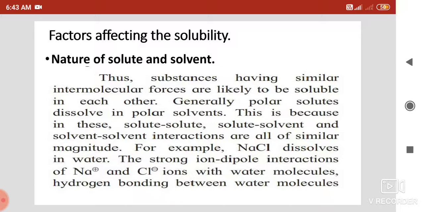Because of that, the solute can dissolve in the solvent. So ionic solids dissolve readily in water.